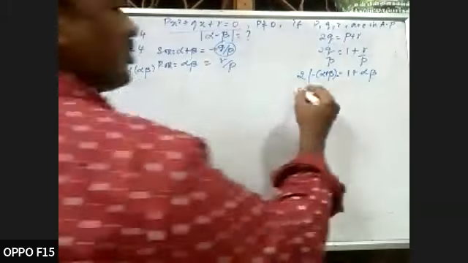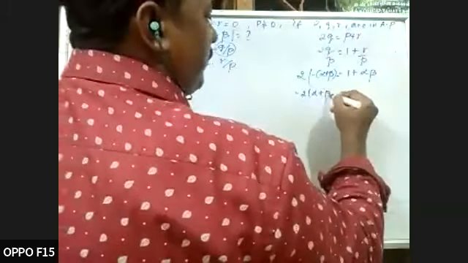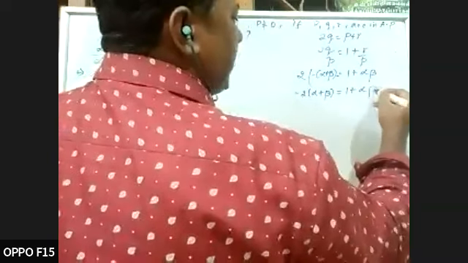Now we can write this as minus 2 into alpha plus beta equals 1 plus alpha beta.